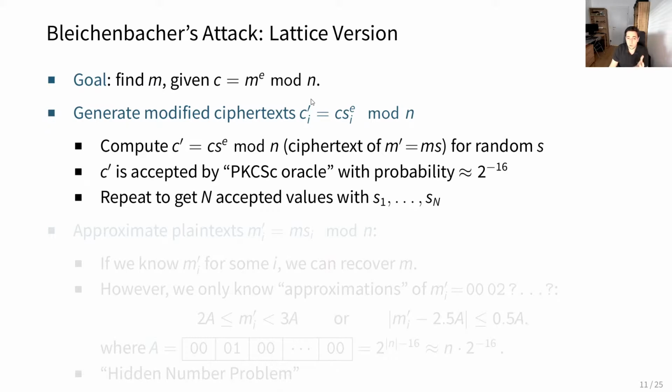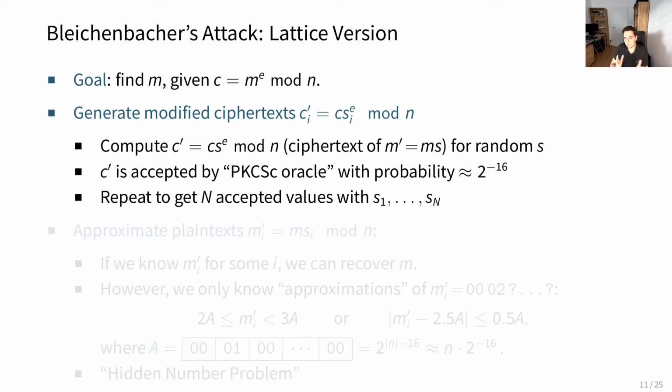It has a loop, and the goal is to recover this message by constructing this edited ciphertext, so to say, for some random values s. And this PKCS oracle returns true or false, whatever you decided to return. This is up to you. But the answer is based on these first 2 bytes, whether they are 0002.